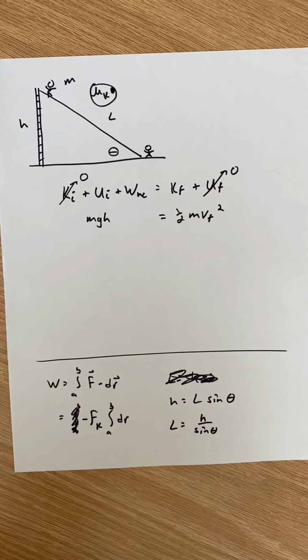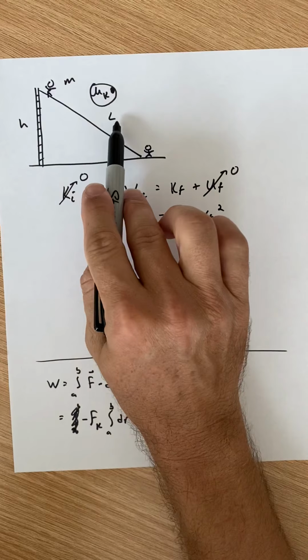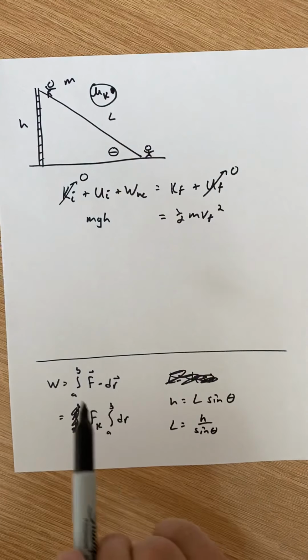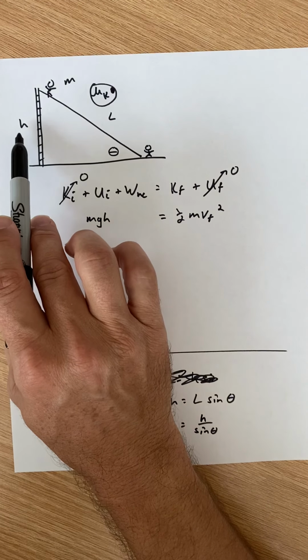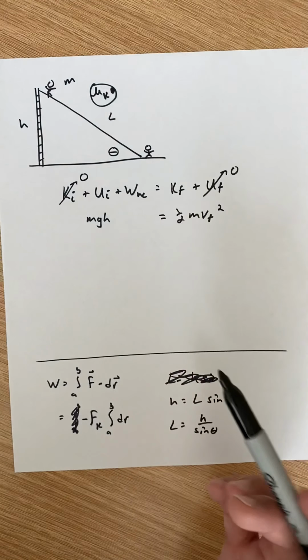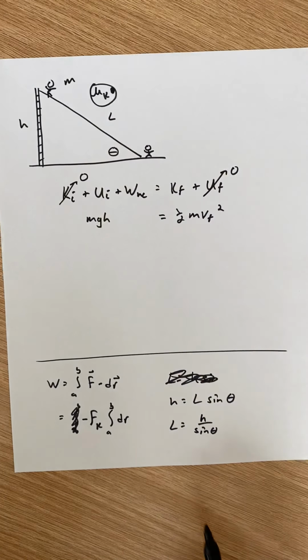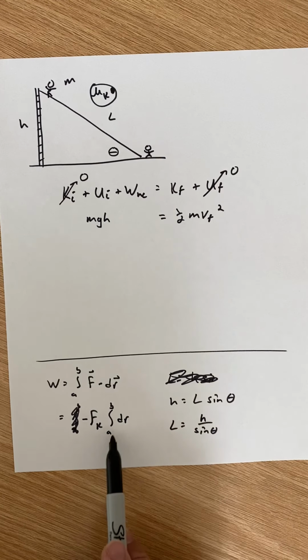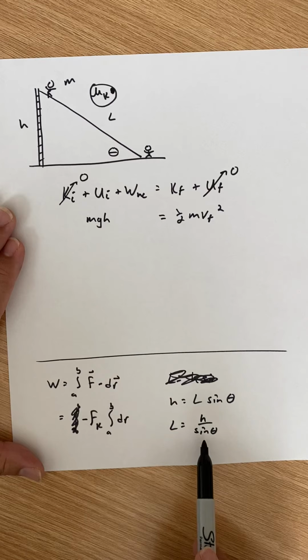Basically, I decomposed it the other way. I'm used to taking a hypotenuse and decomposing it into sides. In this case, I know the side, so I need to recompose into the hypotenuse, which is going to get me h over sine theta. So I can do the integration if I want to, I suppose, but when I do, I'm going to get this expression.